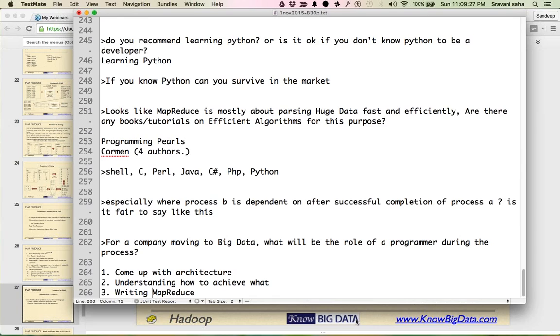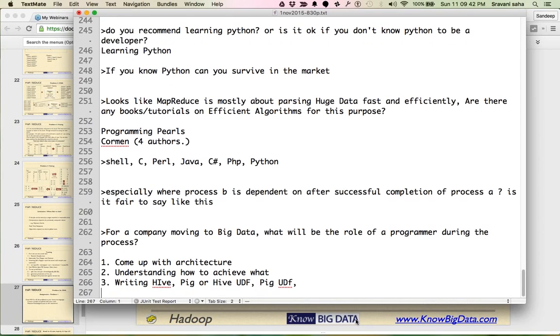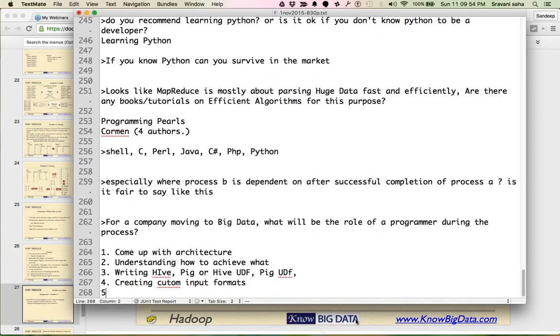Then you will be writing maybe a MapReduce job, a Hive job, a Pig job, or creating Hive UDFs and Pig UDFs for others, and maybe creating custom file readers. I'll talk about input formats, custom input formats, and so on.